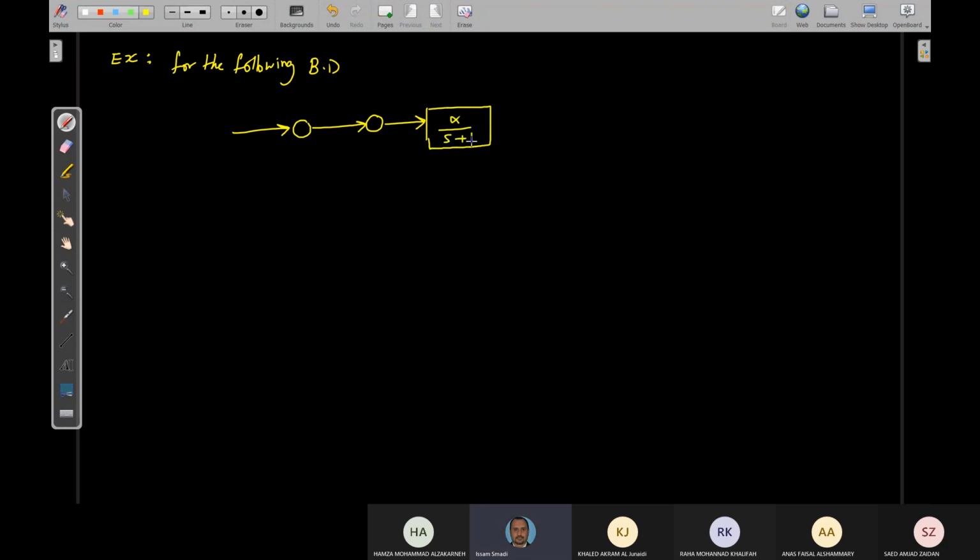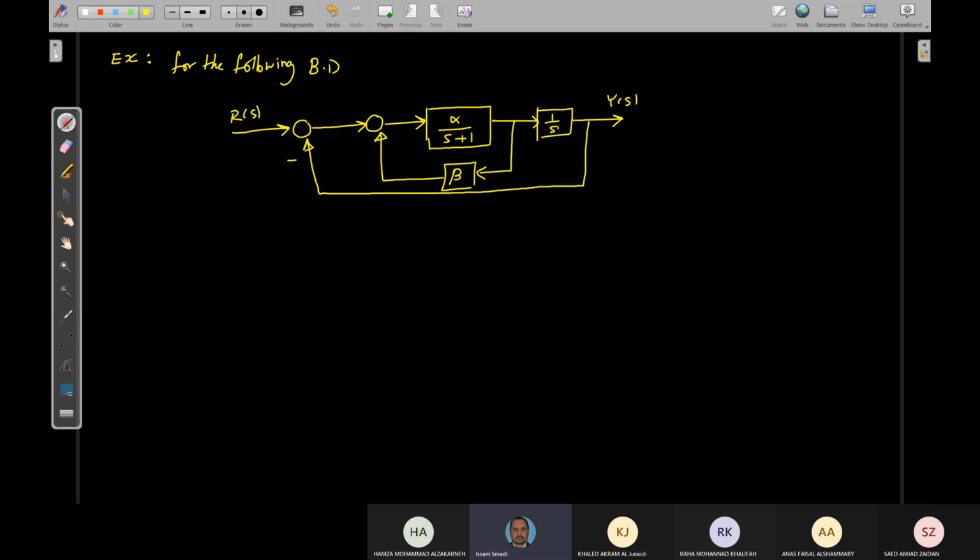Alpha over S plus 1, and let's assume here we have a feedback with, again, let's say beta, and let's assume this one is a positive one. Also here we have an integrator 1 over S, and this is my output Y of S, and here I'm having the feedback configuration. This is R of S, and let's define this one to be E of S.